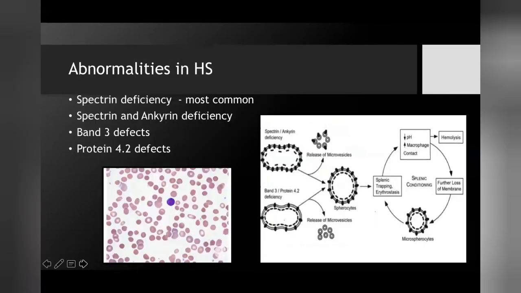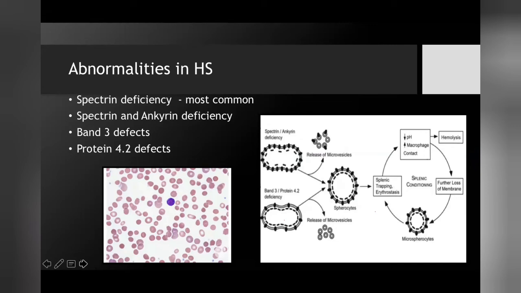Next. So what happens in hereditary spherocytosis? There is a deficiency in one or more of the cytoskeletal proteins, either spectrin, most commonly beta spectrin, but it can also be alpha and beta spectrin or ankyrin or any other protein. So as a result, what happens? The membrane is very unstable, and in circulation, it is lost in the form of microvesicles.